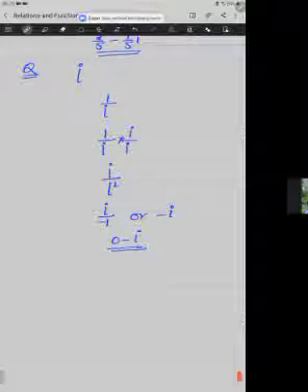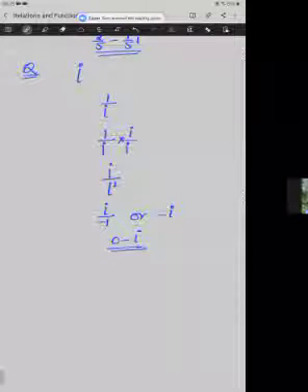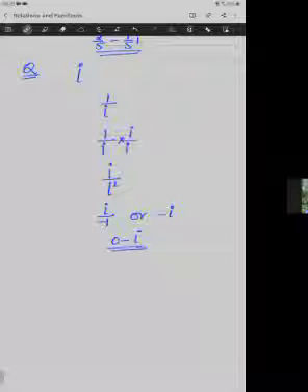So two simple questions I have tried to do so that you are able to understand it. Now see, after this we have a complex number.